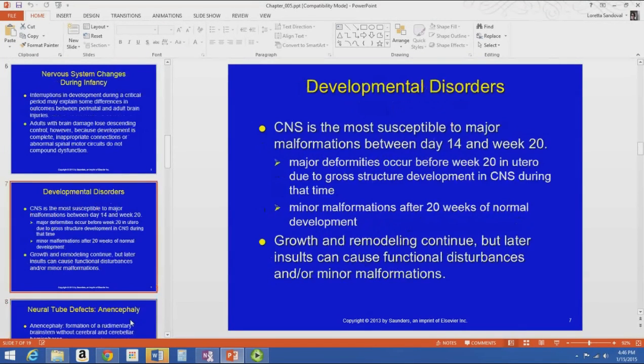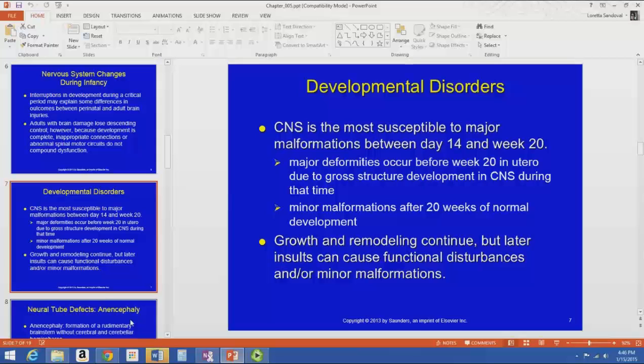So the central nervous system is most susceptible to major malformations between day 14, that's day 14 after conception, and week 20. So most major deformities of the nervous system occur before week 20 in utero, and most of these are due to gross structure development in the CNS during that time.